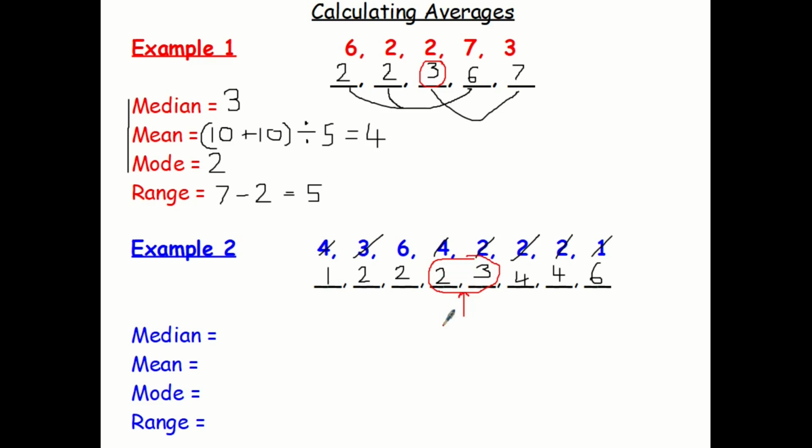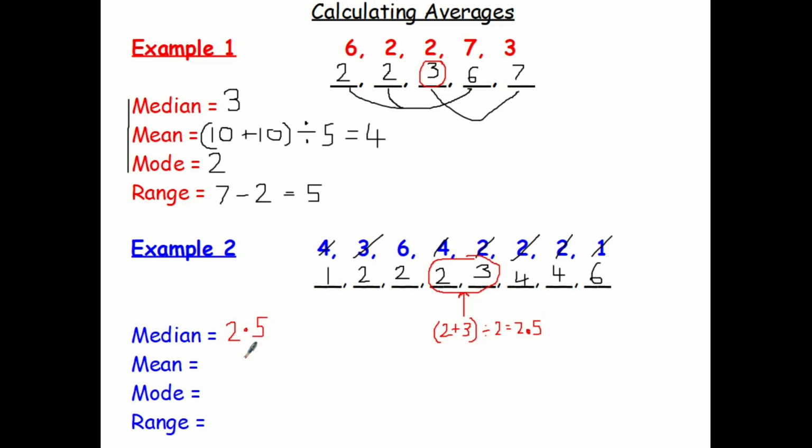So I have to add them together and divide by 2. So add them together, which gives me 5, and divide by 2, which gives me 2.5. So 2.5 is in the middle there. So my median is 2.5.